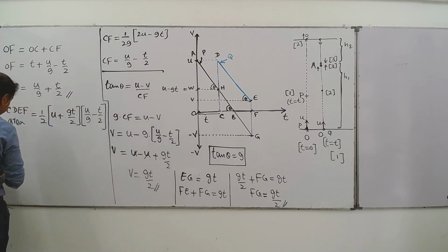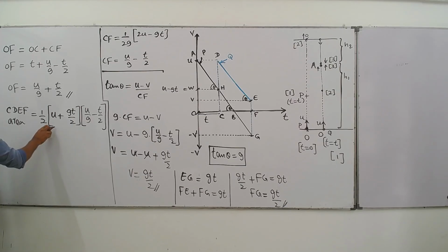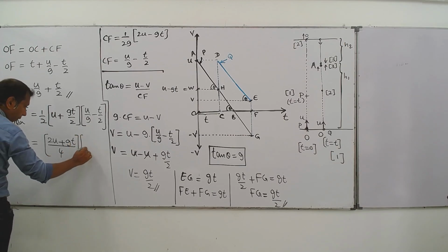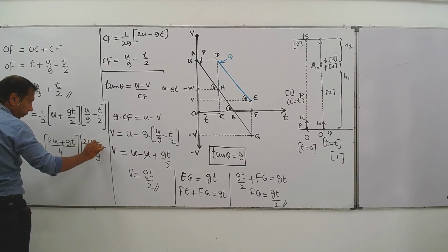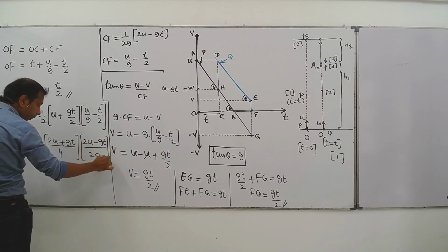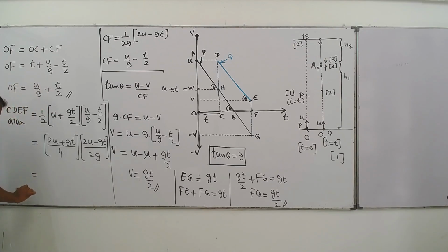Right, this is really, I can write this as 2U plus GT, taking the common denominator here, and bring this inside 4. Here 2G common denominator, 2U minus GT. Now simplify this.